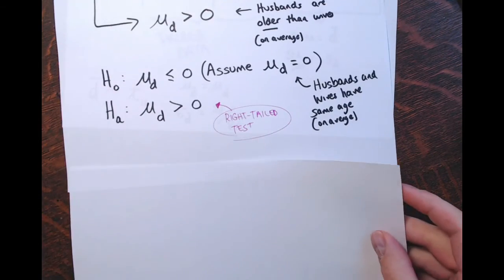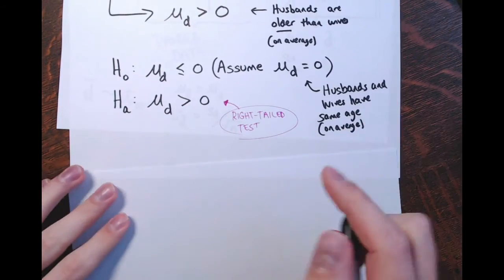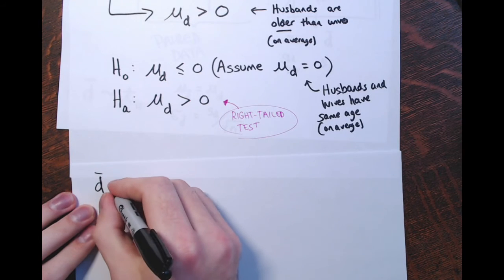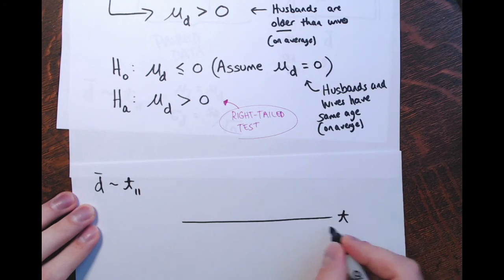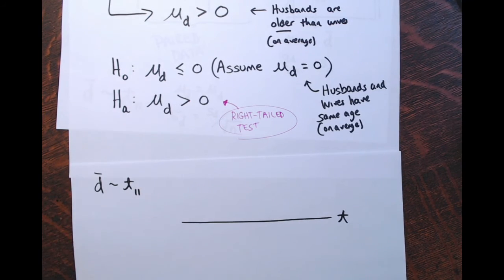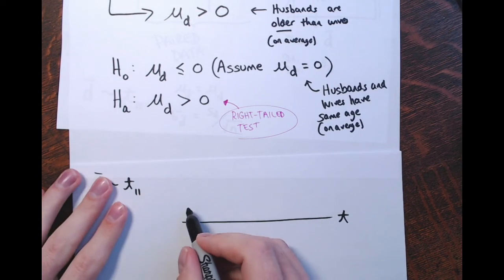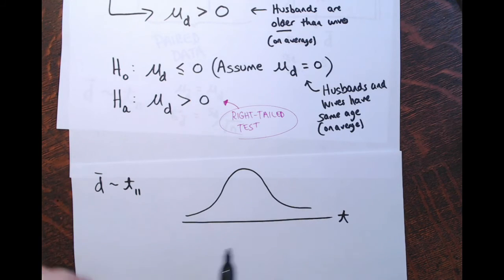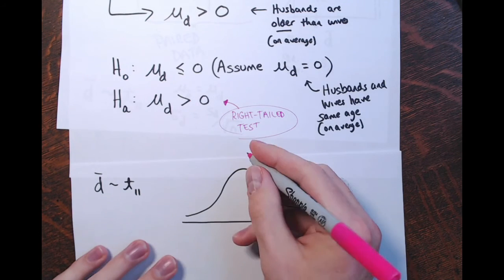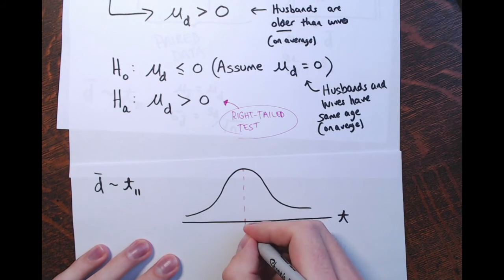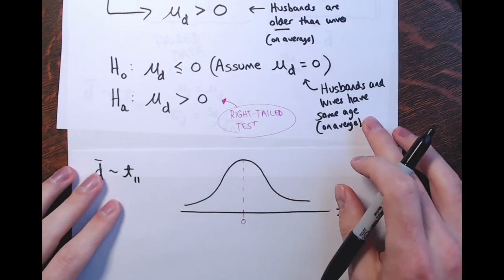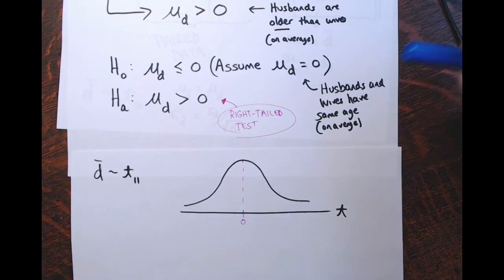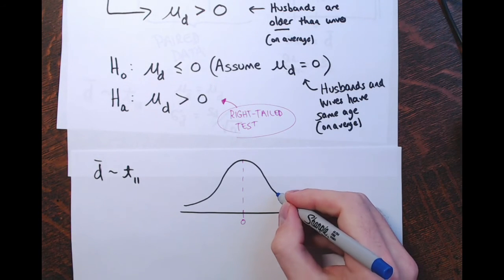Now it's going to look like every other t distribution I've drawn, right? But a t distribution with 11 degrees of freedom. So remember, your number line here represents possible t scores. Distribution is a bell-shaped symmetrical curve. Underneath the peak is a t score of 0. And it's a right-tailed test, so the rejection region is on the right tail.